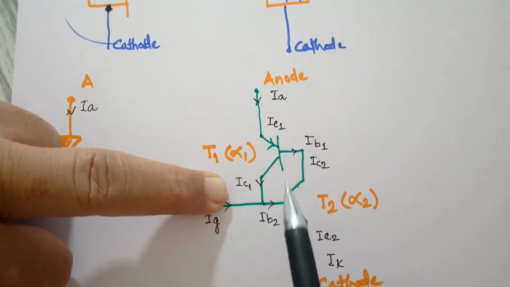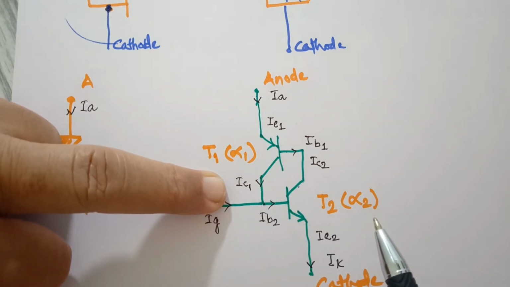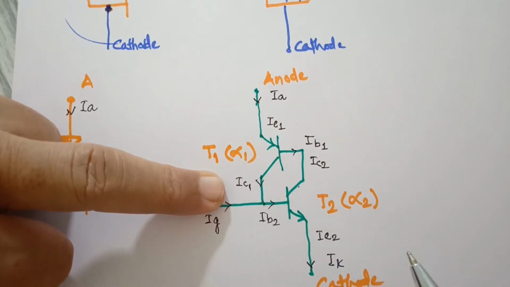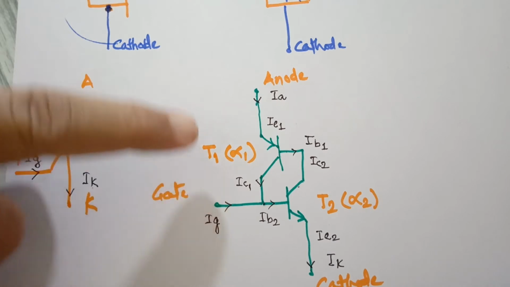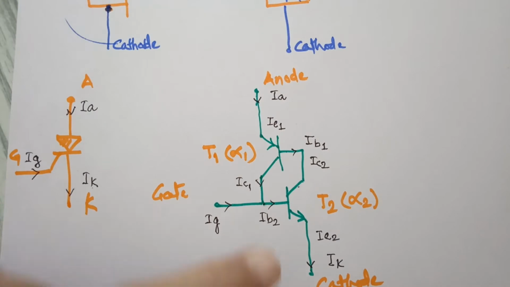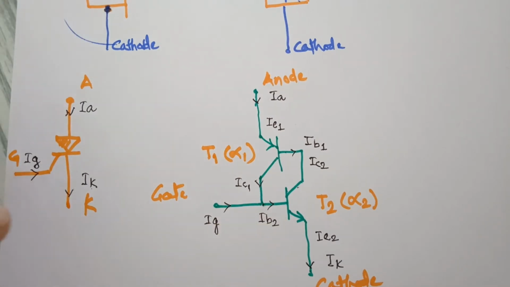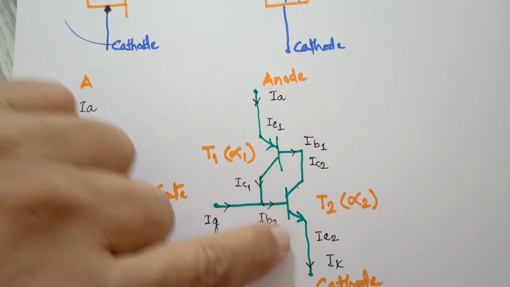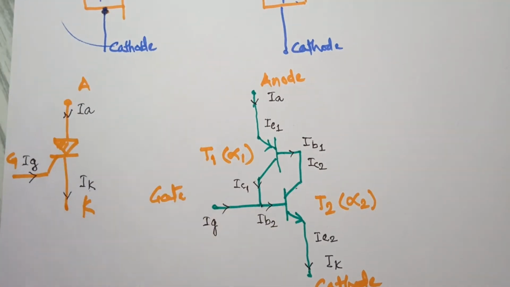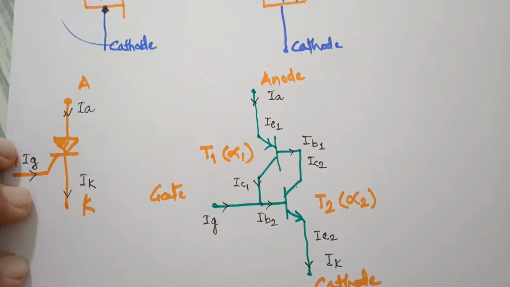There is a cumulative action, which we call regenerative action, and because of that both of these transistors go into saturation, and we get a large collector current and cathode current, or emitter current, and you say that the SCR is fired. As these transistors go into saturation, the voltage across them drops to a very low value, and that's why when the SCR turns on, the anode to cathode voltage drops to just 1 to 5 volts.